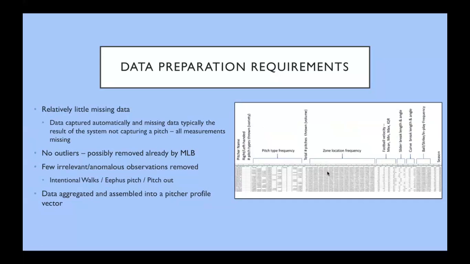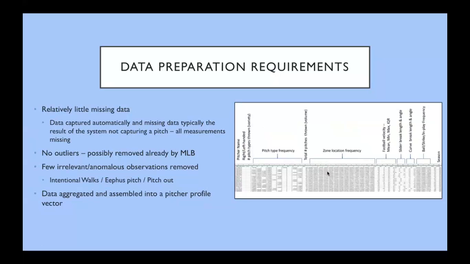While the data set itself is really great, high fidelity data, the measure of a pitcher really isn't so much about how he does on single individual pitches, but more about how he does over time and his consistency.